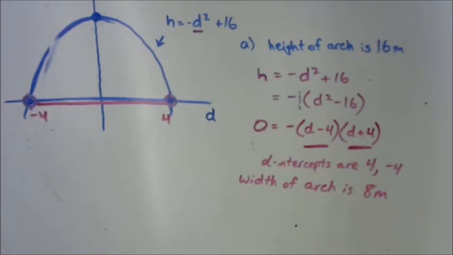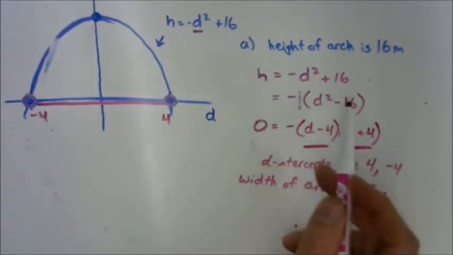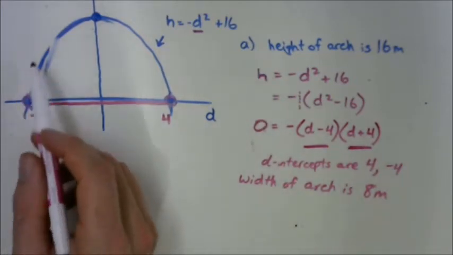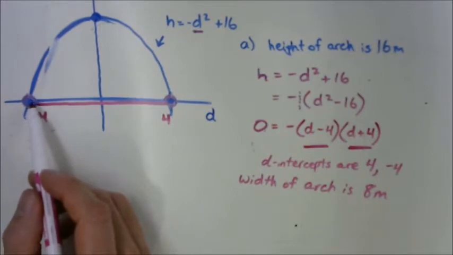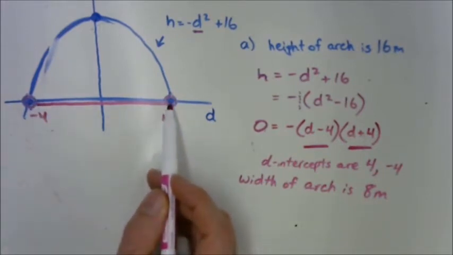B says, for what values of d is the relation valid? What does valid mean? True, or useful. So for what values of d is this relation valid? In a real life situation of an arch, we know that the arch spans from -4 to +4.